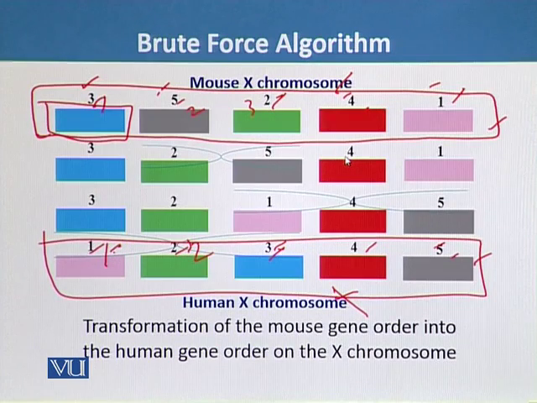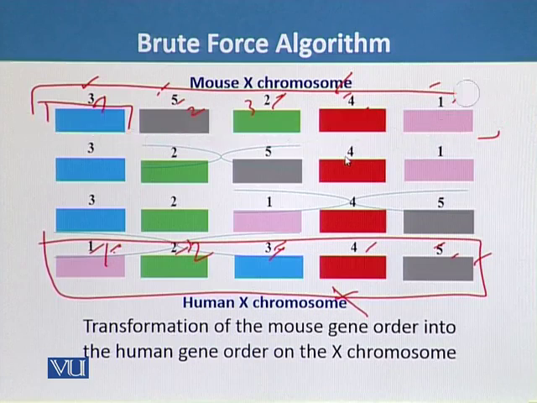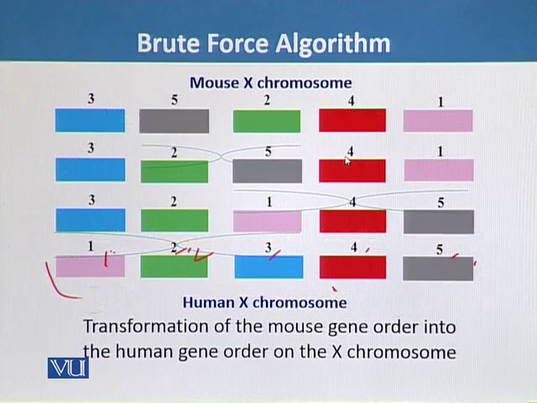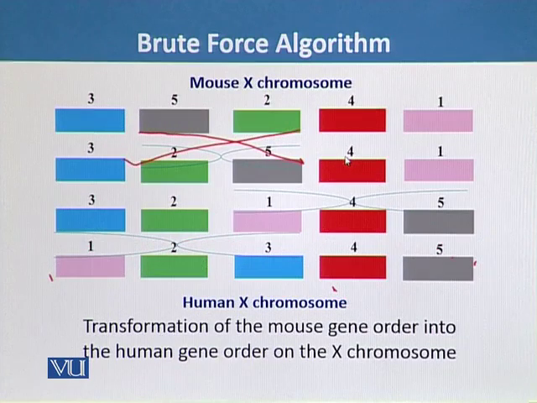The simple thing is that we can just replace these syntenies to order the sequence of mouse and humans. For example, if we replace this one with this one and this one with this one, number 5 with 5, 2 with 2, we will come up with the same order of the human and the mouse.